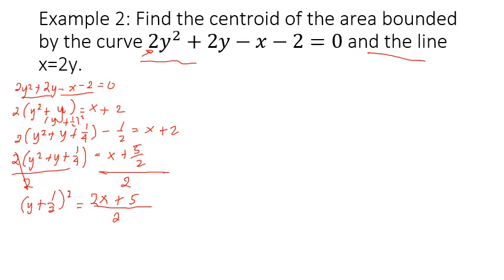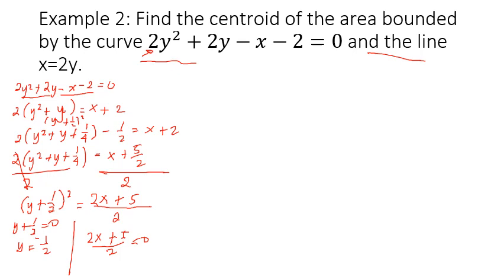Now, for the vertex, y plus 1/2 is equal to 0. This is y equals negative 1/2, right? So we have 2x plus 5 all over 2 is equal to 0.